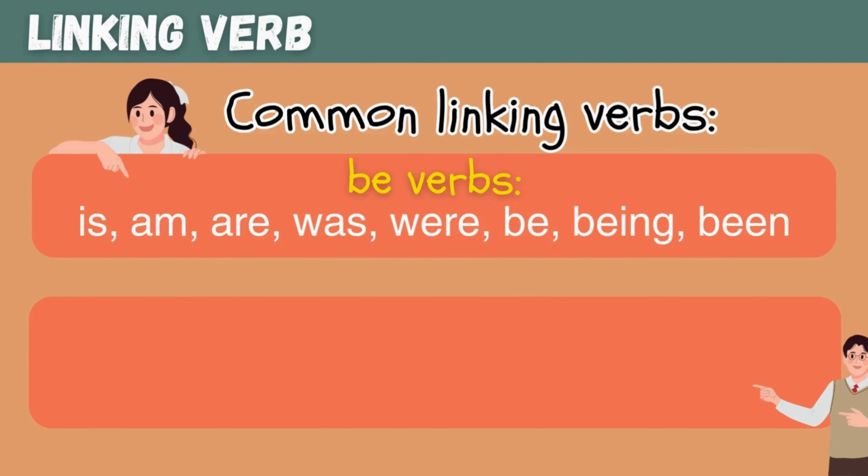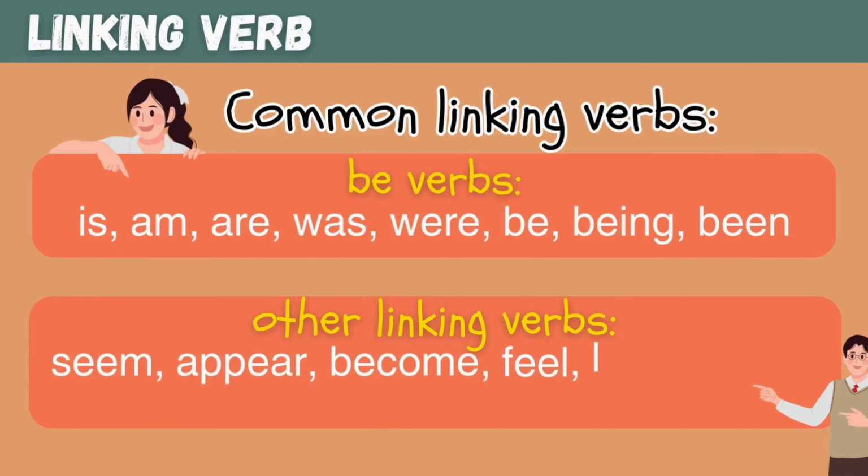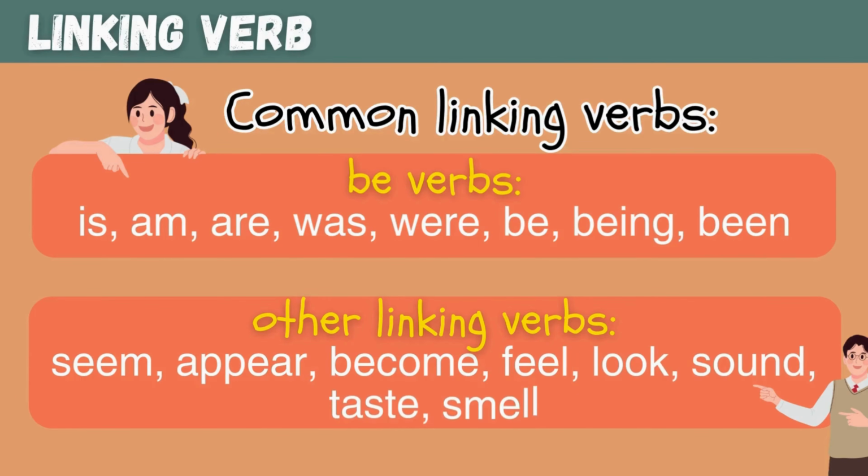Other linking verbs include seem, appear, become, feel, look, sound, taste, smell. Yes, class, these words don't show action. Instead, they connect the subject to more information, like a description or feeling.